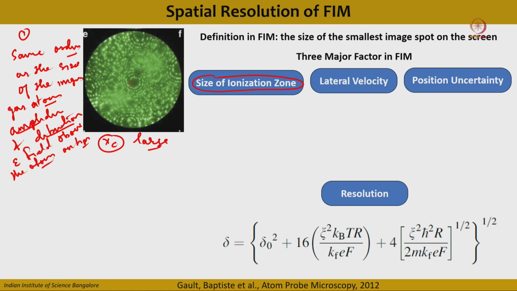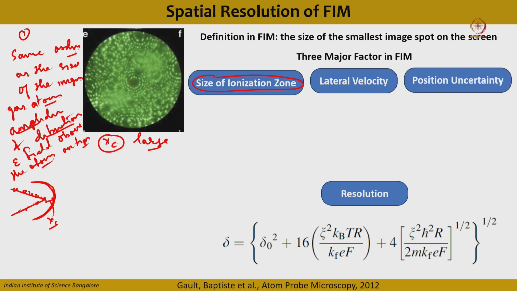If xc is very large because of the low electric field, then the imaging gas near the tip surface will not replicate exactly the position of the atoms.